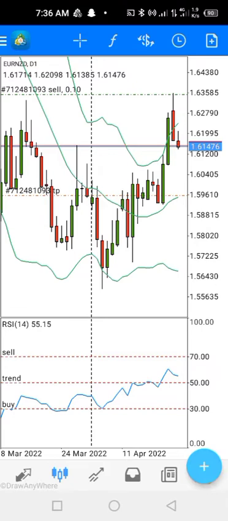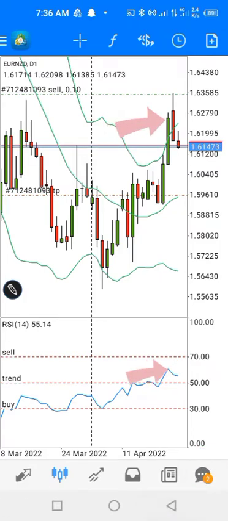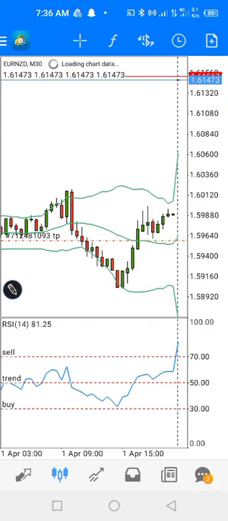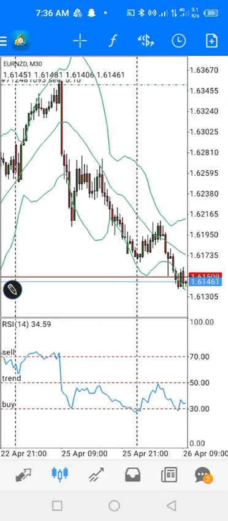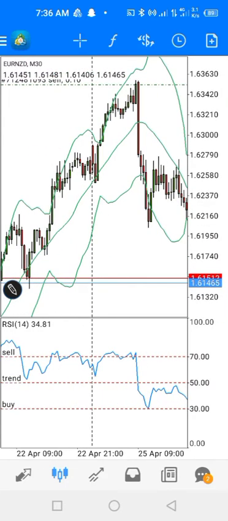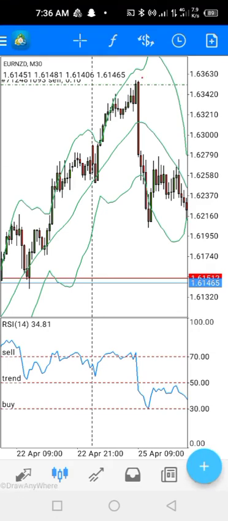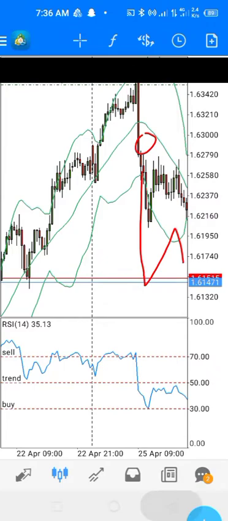This is the first rule: the candle pierces out, and the RSI is within the sell range. So I gave it a sell, and this has given me over 130 pips. Can you see my entry right here? The entry was so precise, and the market started dropping and dropping.